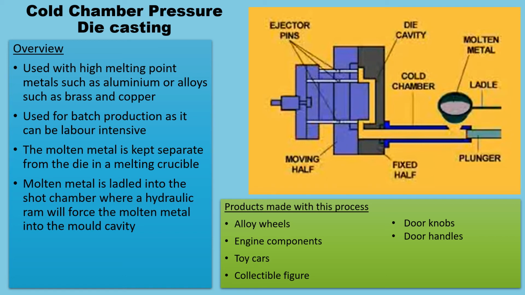And again, at the bottom, you can still see that the products made with this process are still the same as all the previous die casting methods, because the manufacturing process is accurate and can create really high quality finished products.